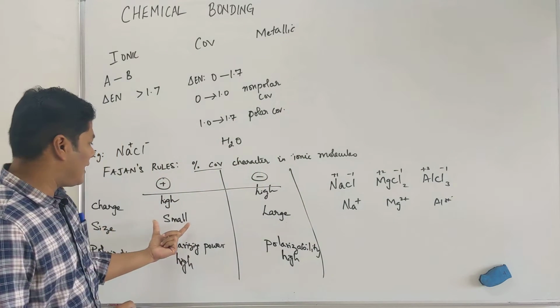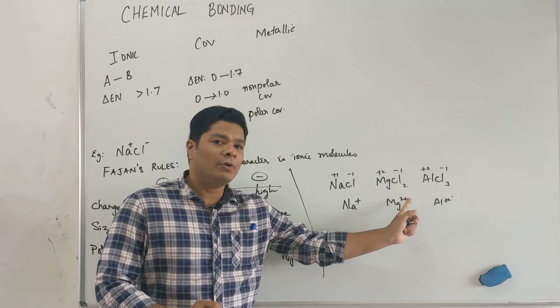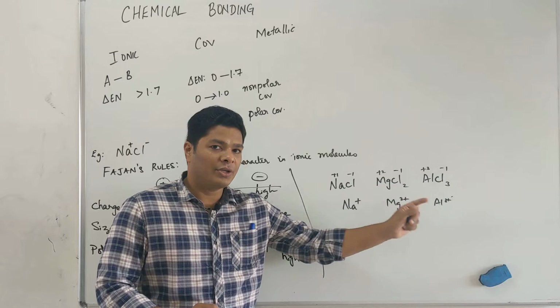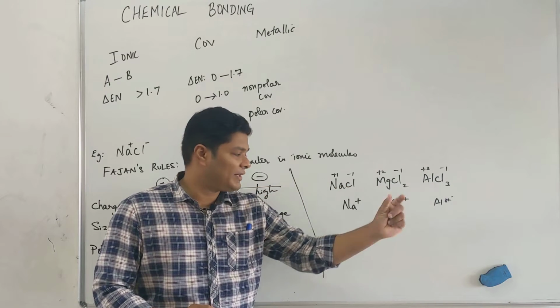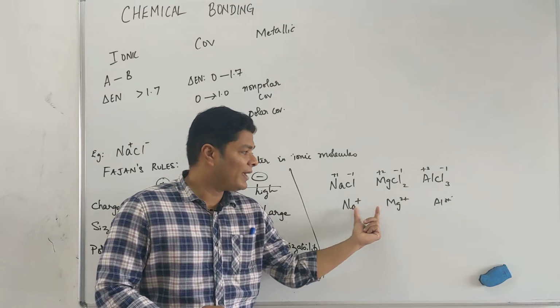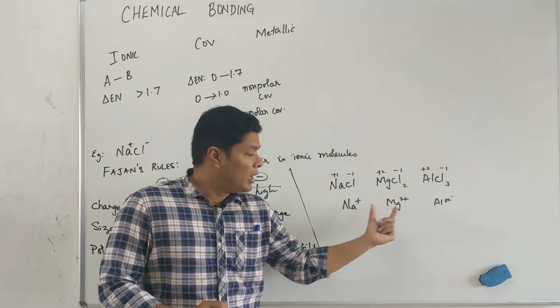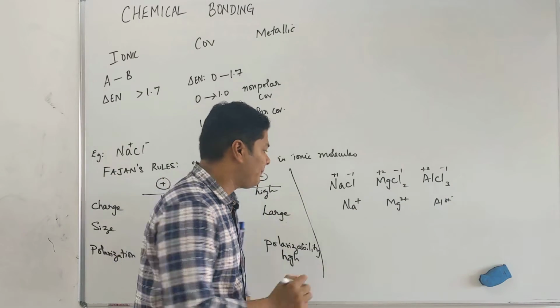The size of the cation should be small. In a given period, even for a neutral atom without cation formation, the size decreases because of Z effective. We have seen that. So sodium is bigger than magnesium, which is bigger than aluminum. The more the charge you put, the more the size shrinks. So the smallest size.